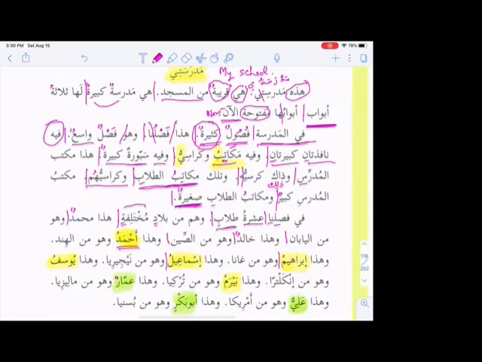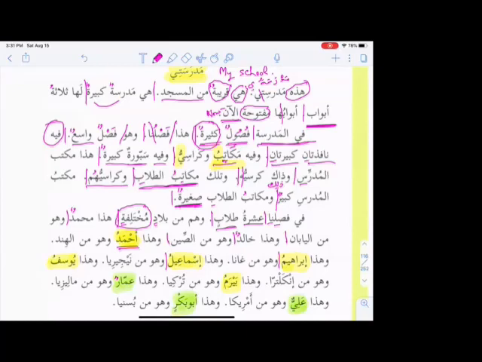Mukhtalifatin means different. This is a bonus because kullu jama bonus. In Urdu also you use mukhtalif, separate, different. So they borrowed this from the Arabic language, mukhtalifatin.